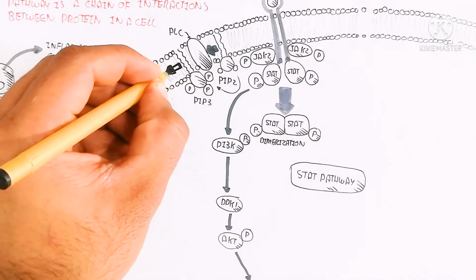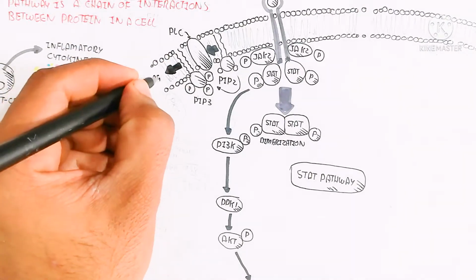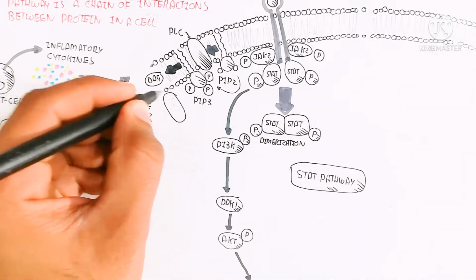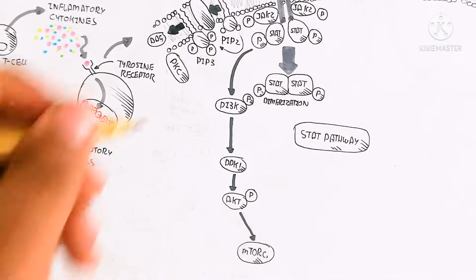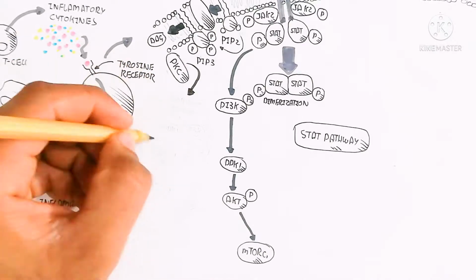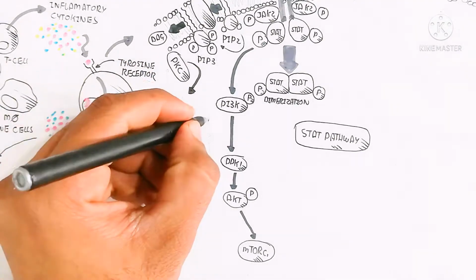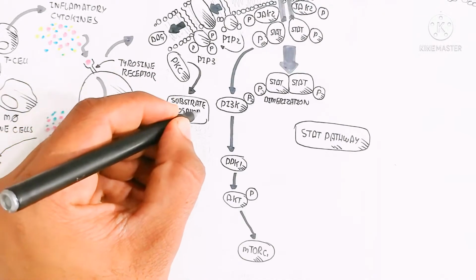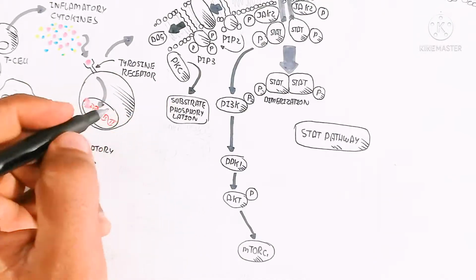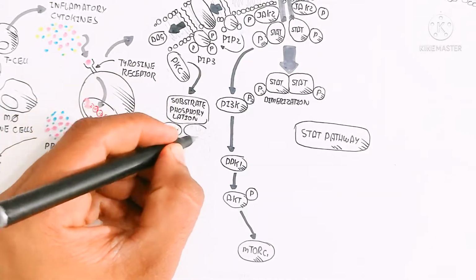So in this way, the PIP3, phosphoinositide triphosphate, is broken down with the phospholipase C enzyme, and the IP3, inositol triphosphate, will be separated, while protein kinase C will be separated with the diacylglycerol.